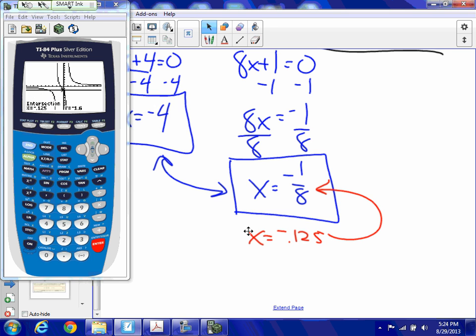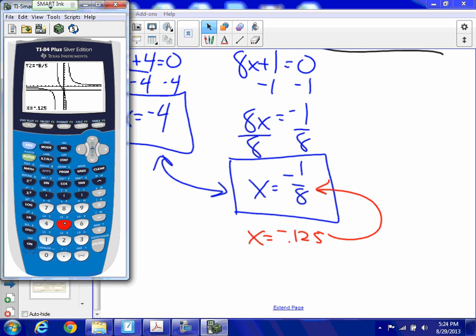I want to find the other one, which is over here someplace. So I'm going to do the same thing. I'm going to go second, calc, and find the intersection. My first curve is fine. My second curve is fine because I only have two curves. But I am going to make a guess here, because if I don't, I think it's just going to give me the same negative 0.125.